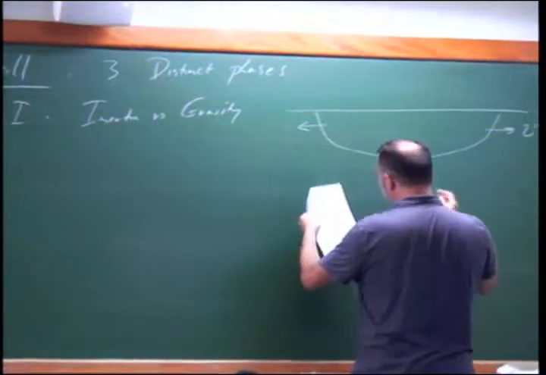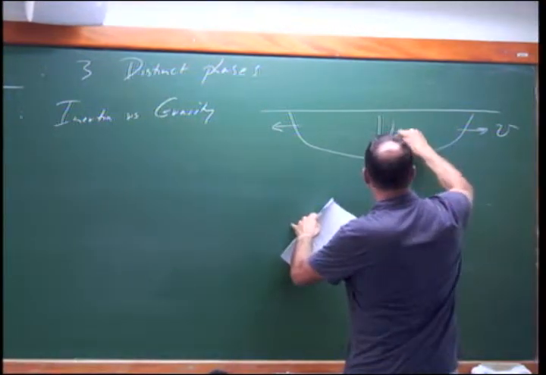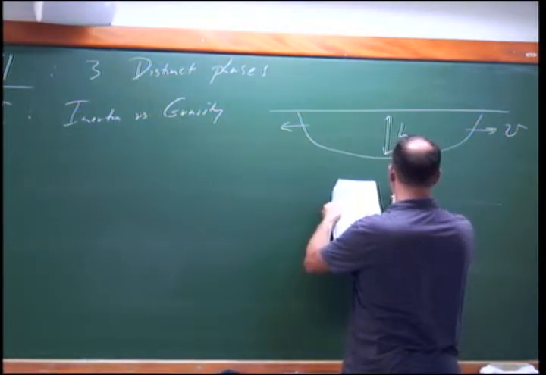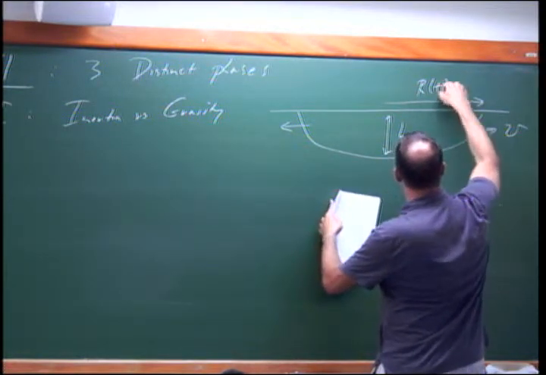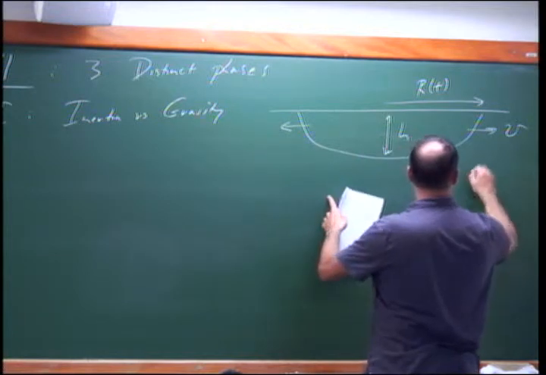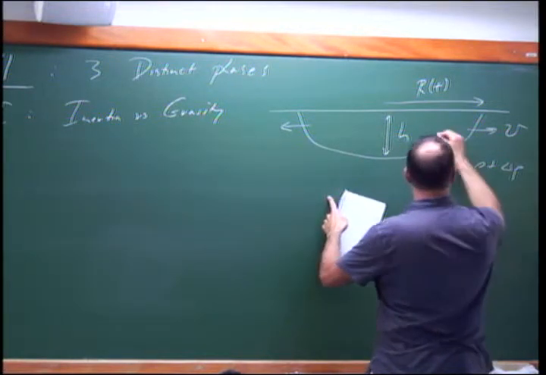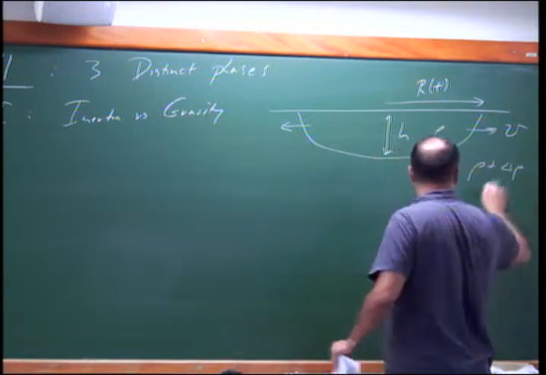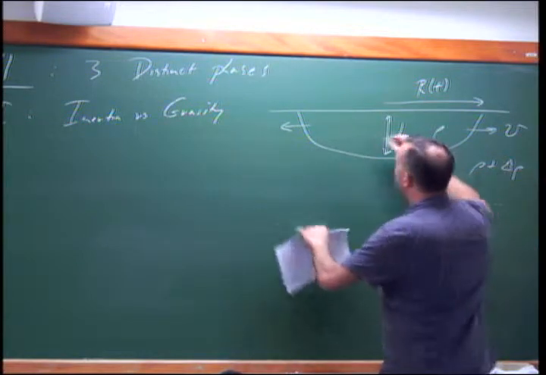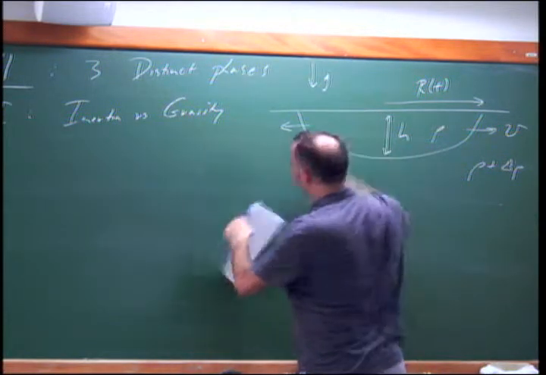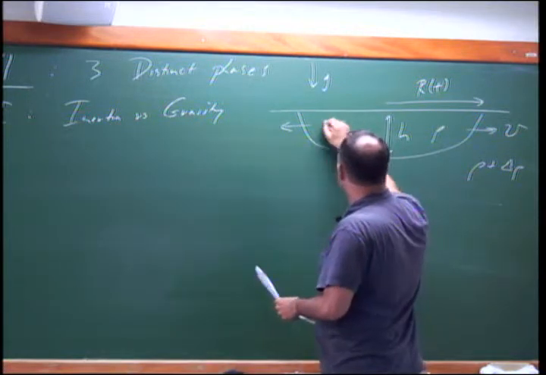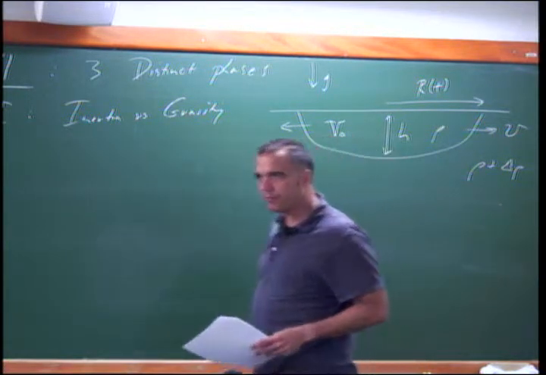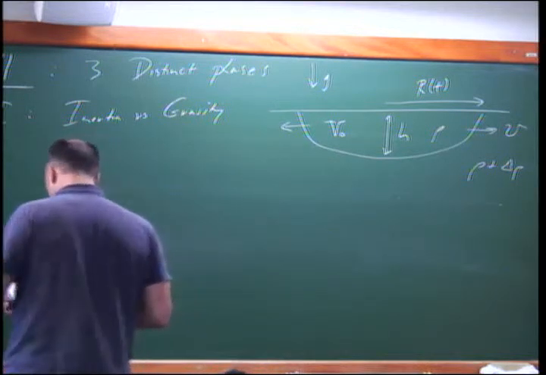So imagine we have a circular spill, depth h, radius r. We want to deduce r as a function of t. So let's call this rho plus delta rho. This rho, so it's the density difference which is causing the spreading. We of course have gravity. And we dump a volume V naught into the ocean.